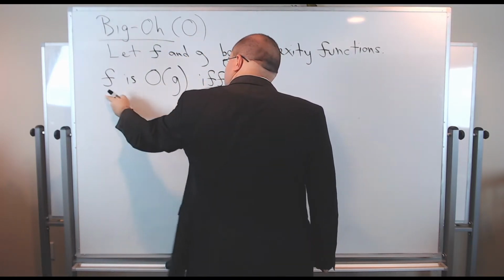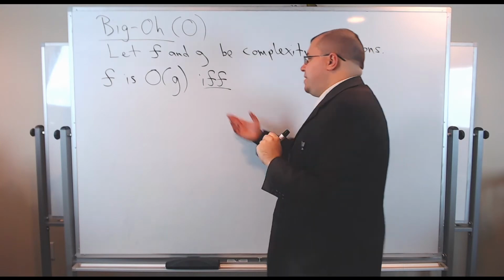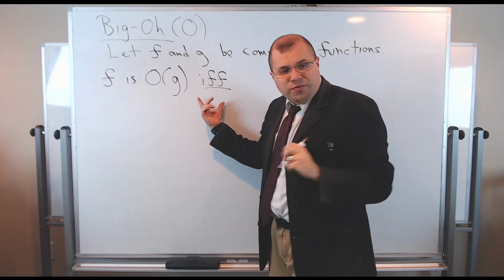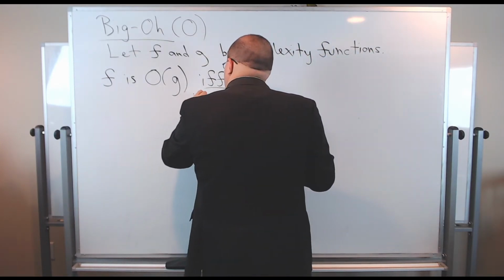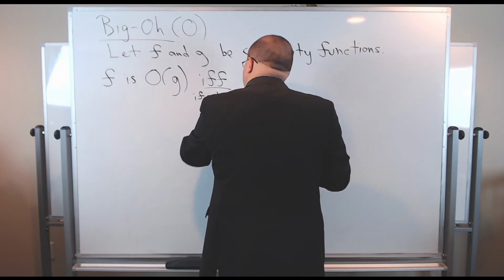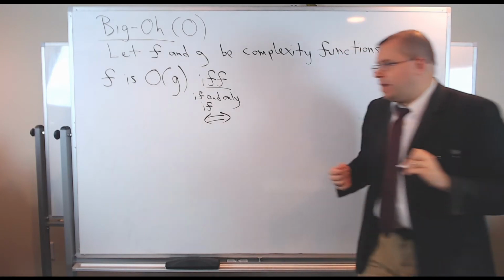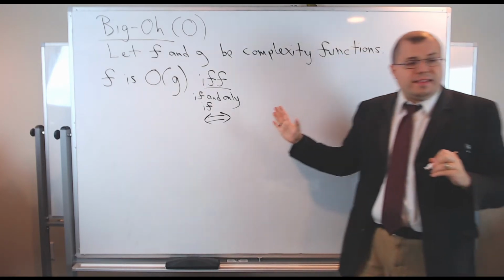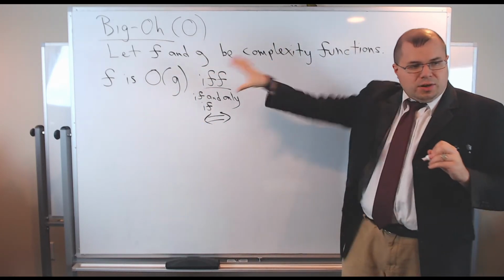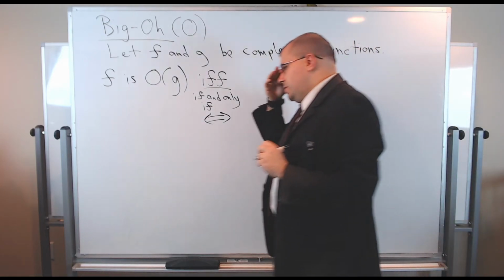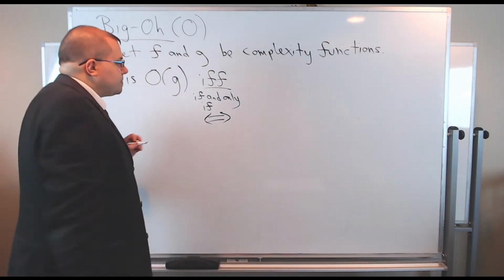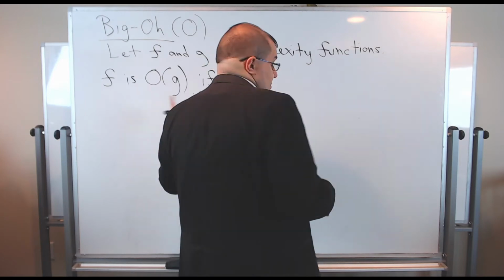This is an abbreviation for if and only if. Logically, it's written as a bidirectional arrow like this. So if I can go from this to this, these are logically equivalent steps, because if this is true, that also is true.